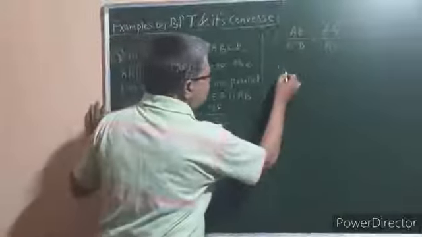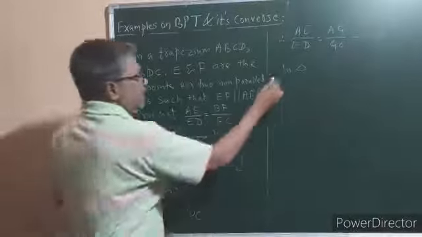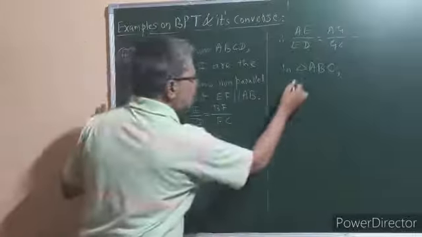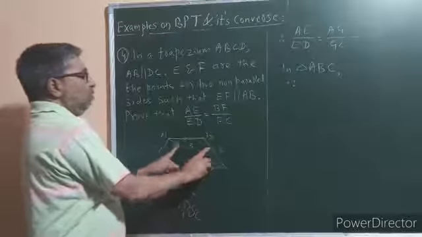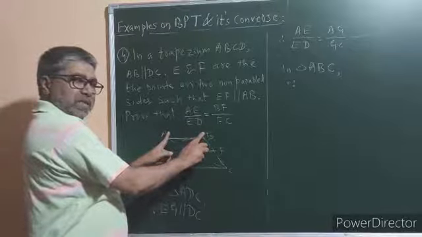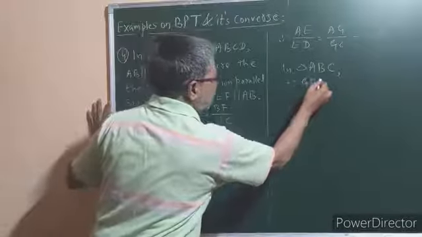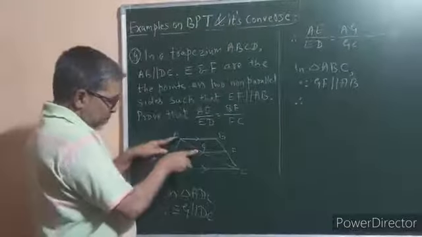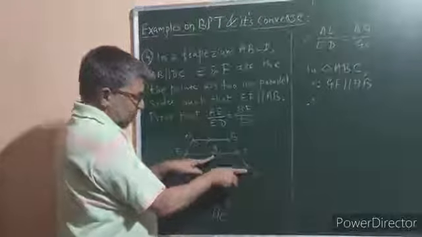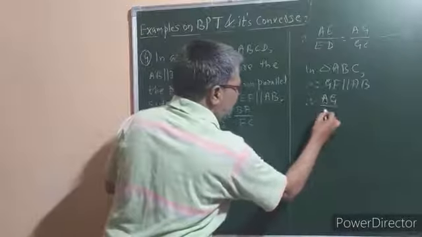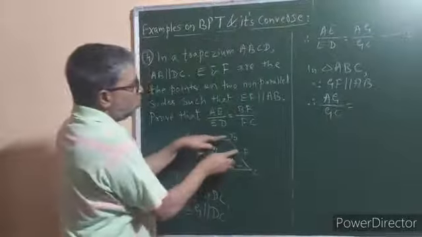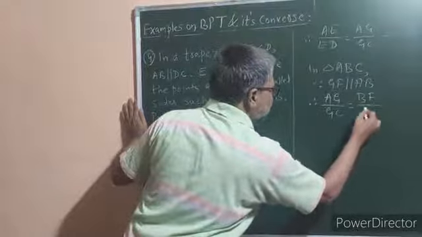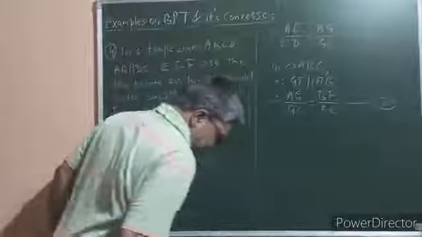So in triangle ABC, since GF is parallel to AB, therefore by Thales theorem AG upon GC is equal to BF upon FC. Call this equation number 2.